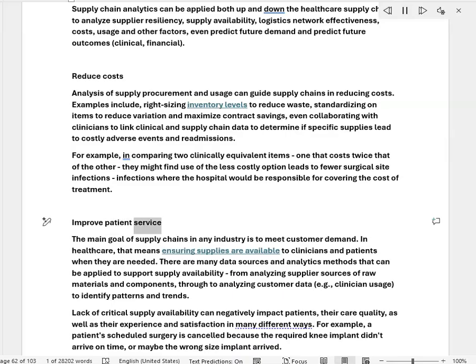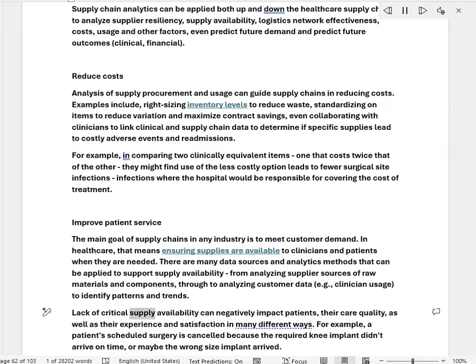Improve patient service. The main goal of supply chains in any industry is to meet customer demand. In healthcare, that means ensuring supplies are available to clinicians and patients when they are needed. There are many data sources and analytics methods that can be applied to support supply availability, from analyzing supplier sources of raw materials and components, through to analyzing customer data, for example clinician usage, to identify patterns and trends.